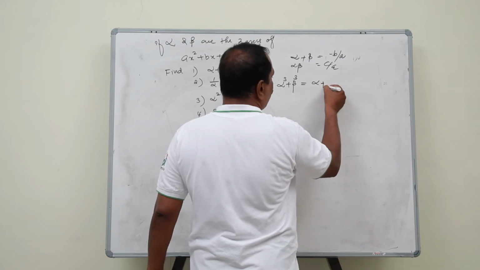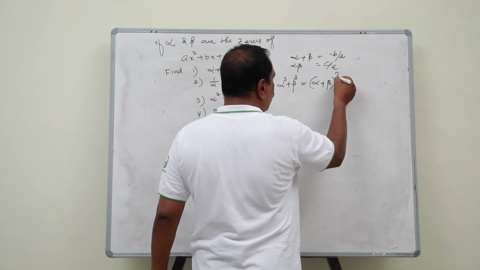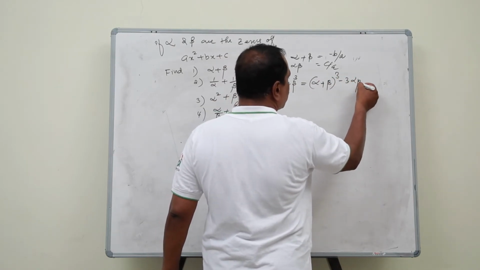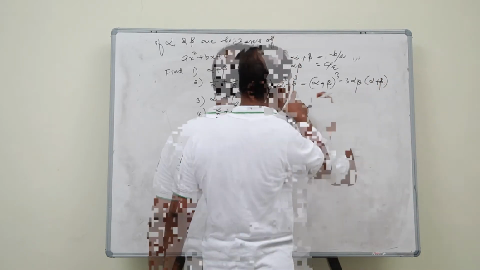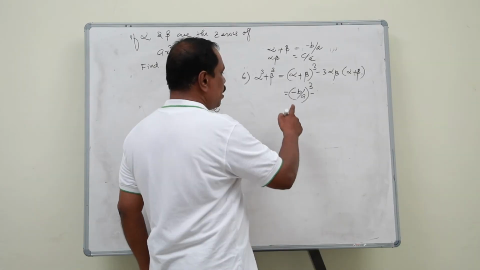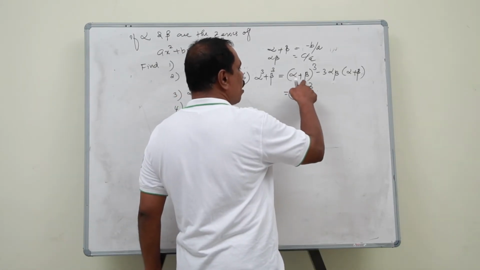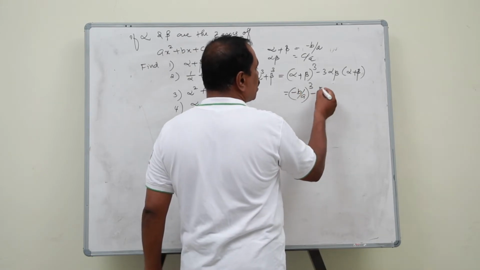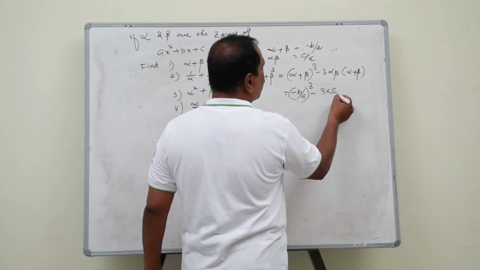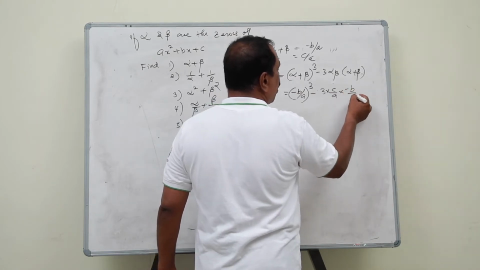That is alpha plus beta the whole cube minus 3 alpha beta into alpha plus beta. Correct? That is, the sum of the zeros we know, minus b by a the whole cube minus 3 into c by a into minus d by a.